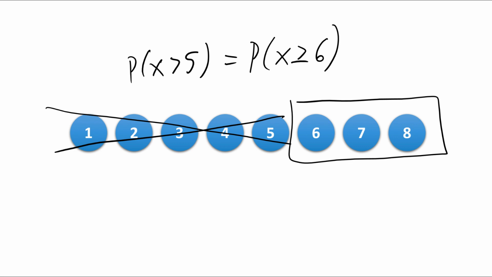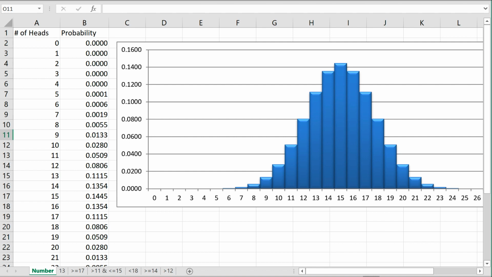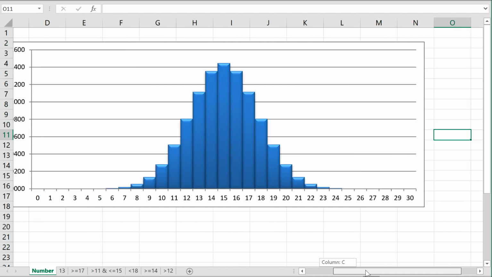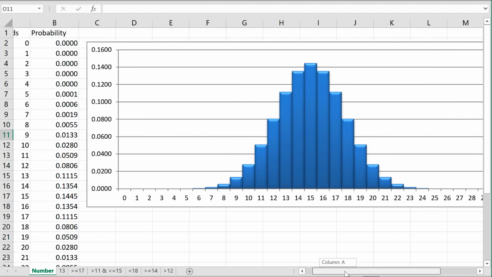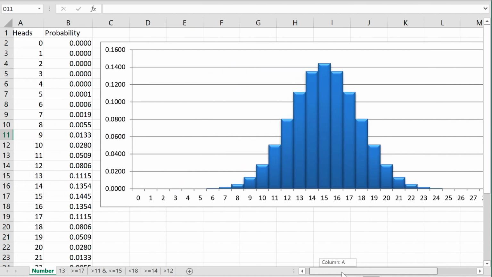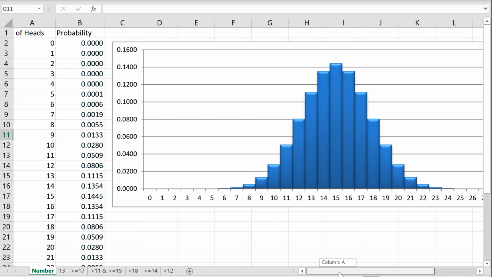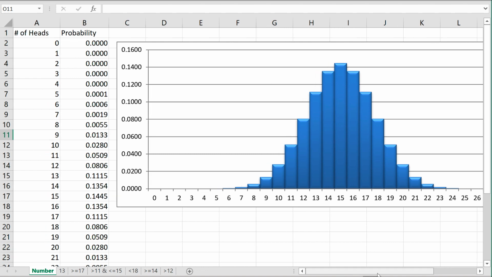Let's look at an actual picture of a binomial distribution. This one looks a little bit better than my terrible drawing. If I scroll all the way this way, you can see it goes all the way to 30. This is if we were to flip a coin 30 times, the probability of each number of heads.